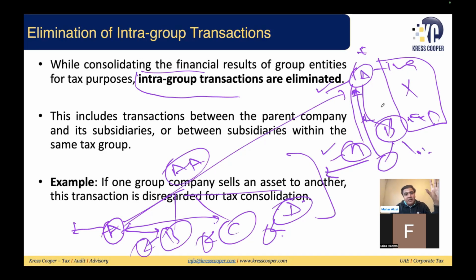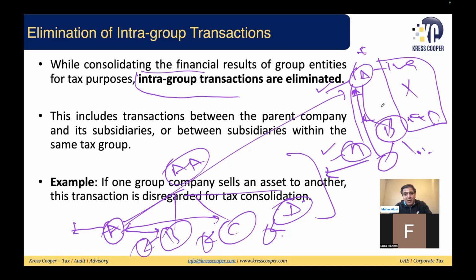Basically, all intra-group transactions will be eliminated to calculate the group taxable profit. So where do we start? First of all, we calculate the separate entity taxable income. Then we calculate the group taxable profit or group taxable income.